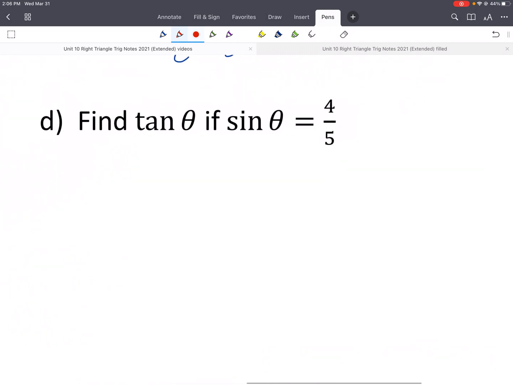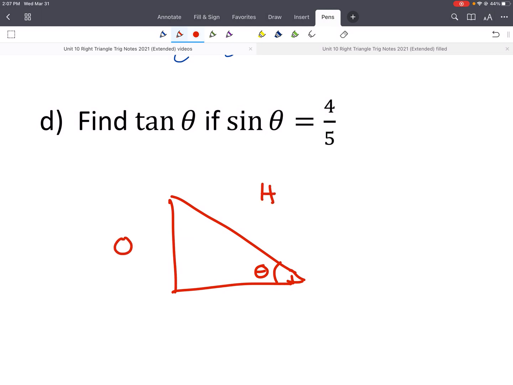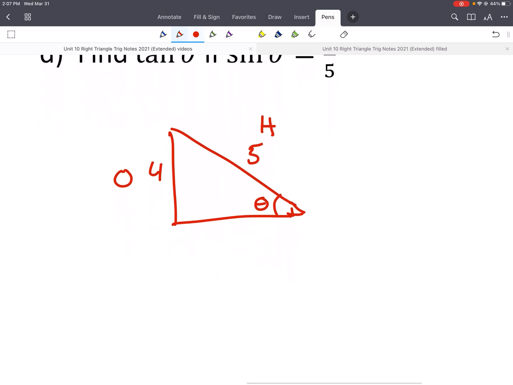All right, and last but not least, if you want to do this, actually this one is also one of those special triangles. Sine is opposite over hypotenuse, which is 4 over 5. Okay, so we need to figure out what the adjacent is.